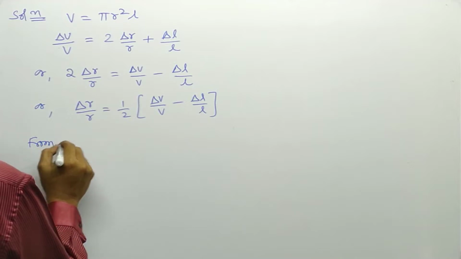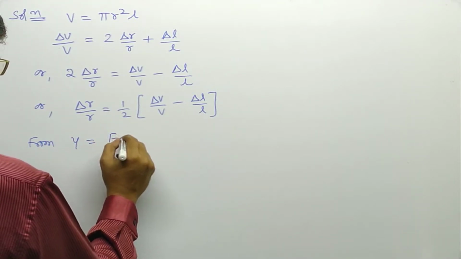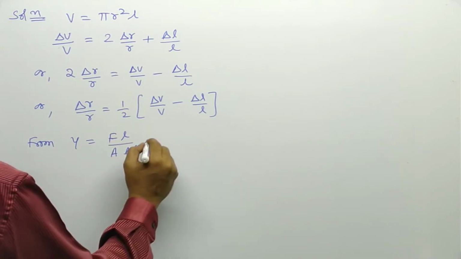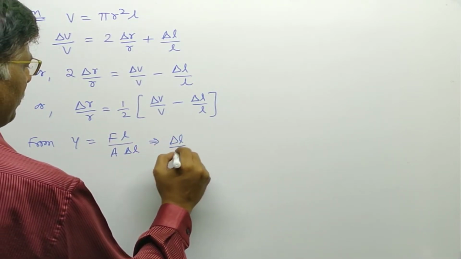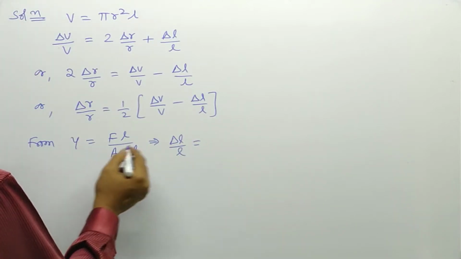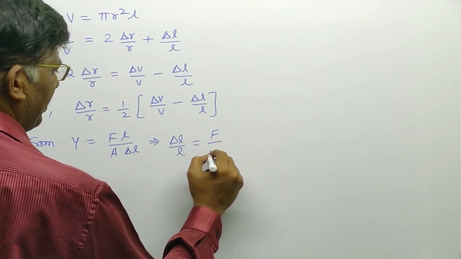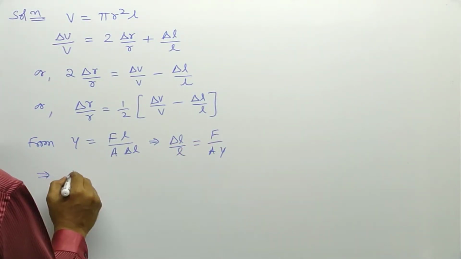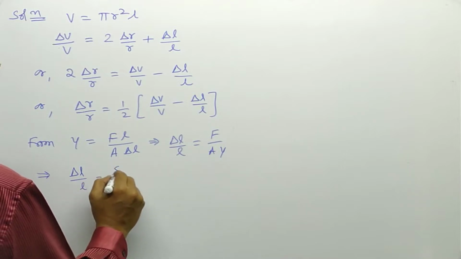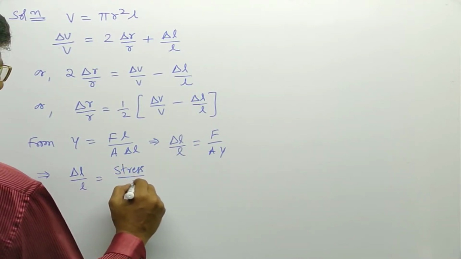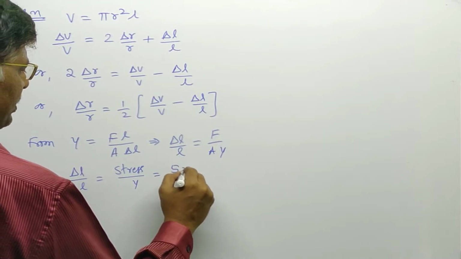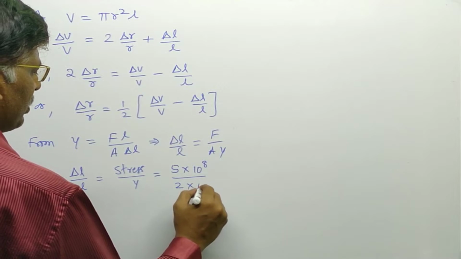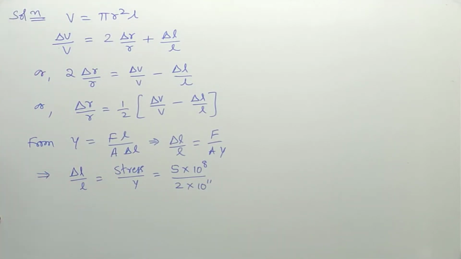From Young's modulus, Y is equal to F into L divided by A into delta L. That implies delta L by L can be written as F divided by A into Y, where F by A is stress. So delta L by L is stress divided by Y. The stress given in the question is 5 into 10 power 8 (as stated), divided by Y, which is given as 2 into 10 power 11.